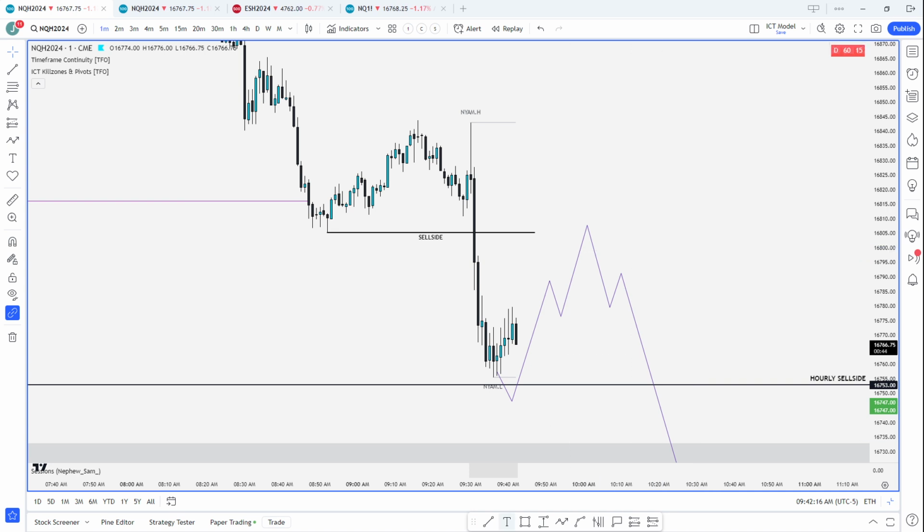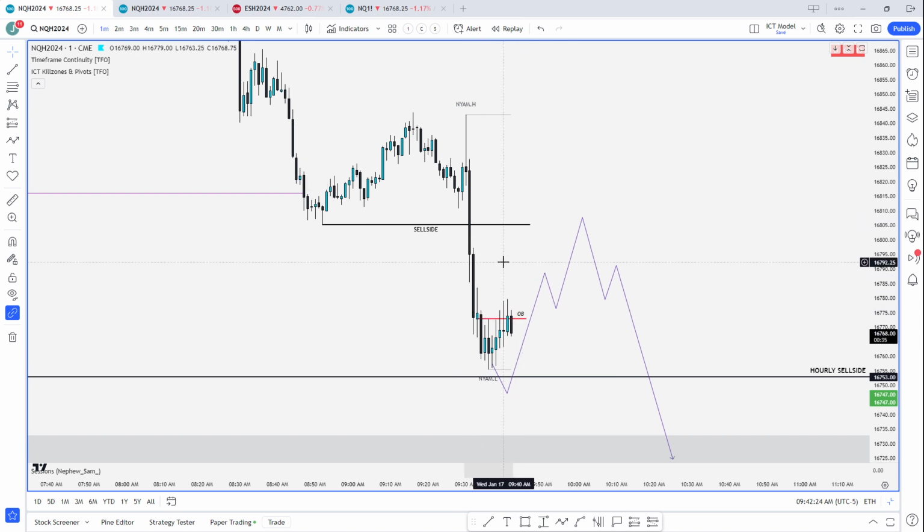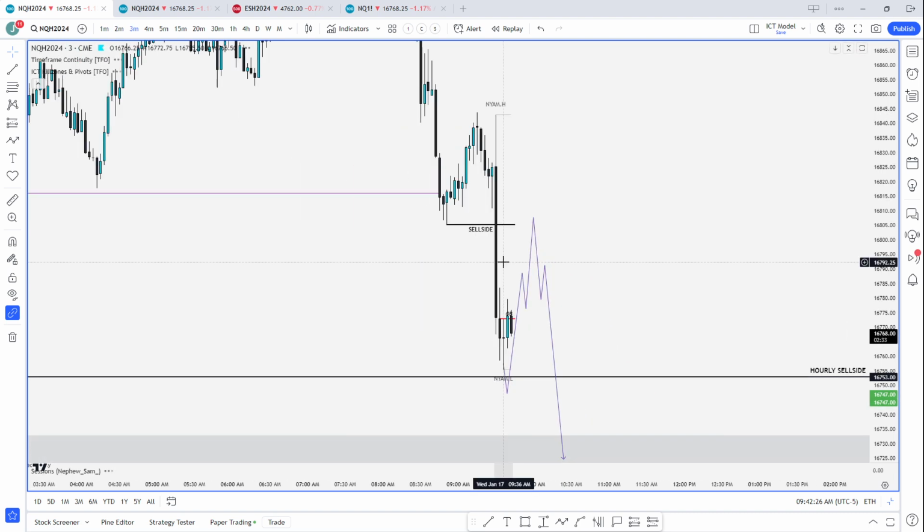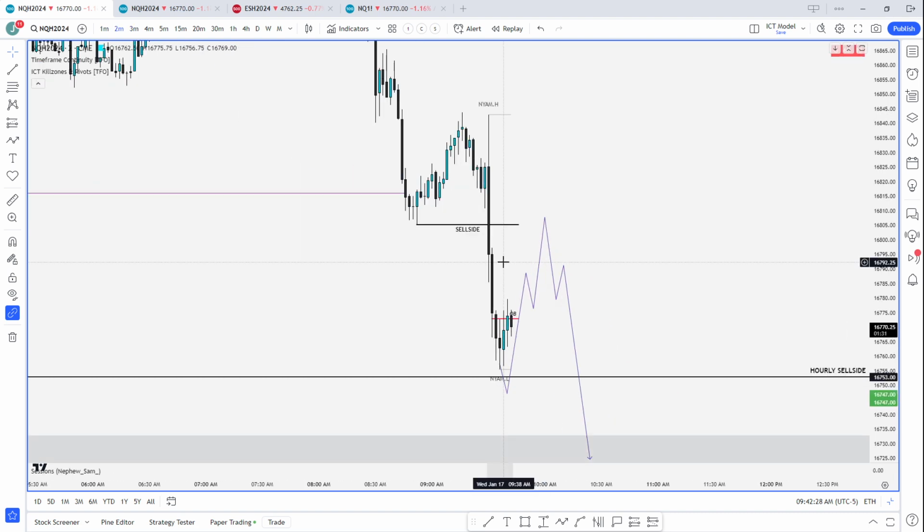So we're holding that tiny order block right here. Not something that I would normally mark out, but just to annotate it for now. Obviously, we have more, larger gaps above us. Just happened to the 2-minute gap.